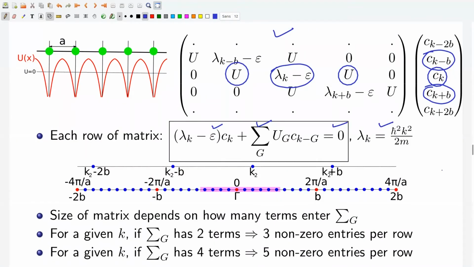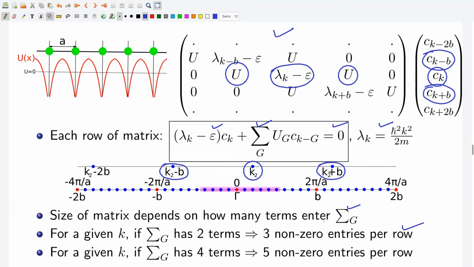Note that the size of the matrix depends on how many terms enter the sum over G. For example, for a given k, say the sum over G has 2 terms. That is, if this is the k point we are talking about, then we have to consider 2 terms, k2 minus b and k2 plus b. In that case, there are 3 non-zero entries per row.